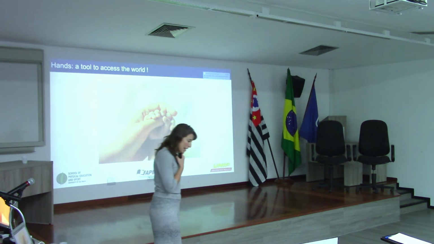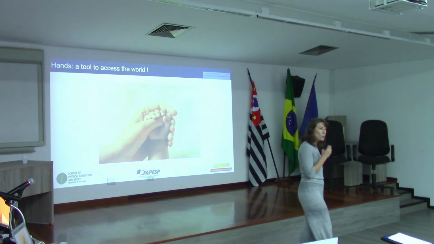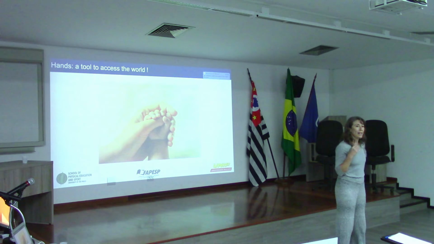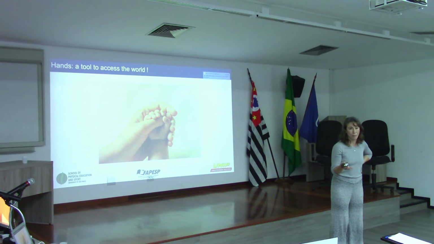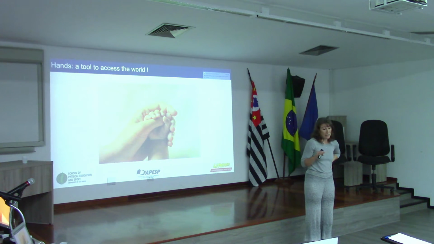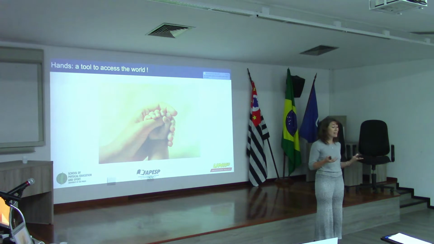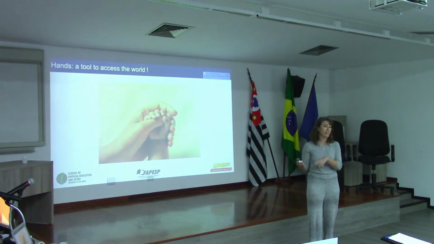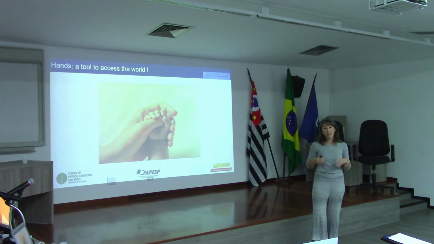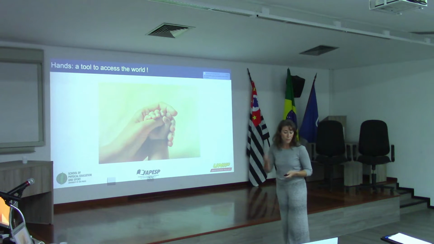But we chose the hands because hands are an important tool you can use to modify the environment. By looking, in a standard situation, you cannot modify anything. But with hands you can. You can transform things into other things, and you can really communicate what you are planning to do.